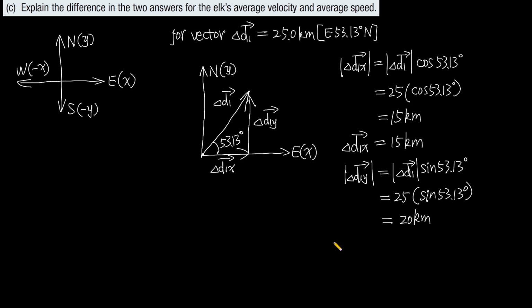So we know vector delta D1y just equals 20 kilometers. It's positive because its direction is the positive y direction.